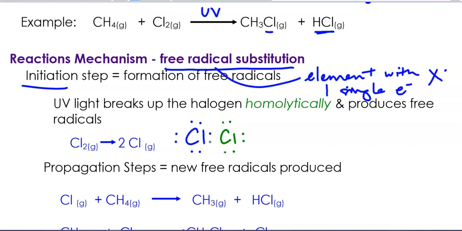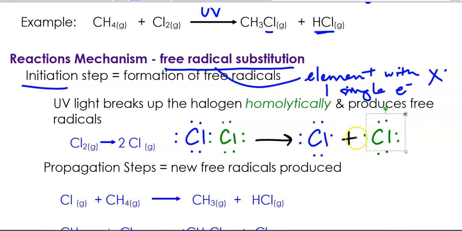So that's your Cl2. The UV light will break them up so that you have separately your one chlorine free radical like this, and then your other chlorine free radical. So what they're looking for here is something to bond with.